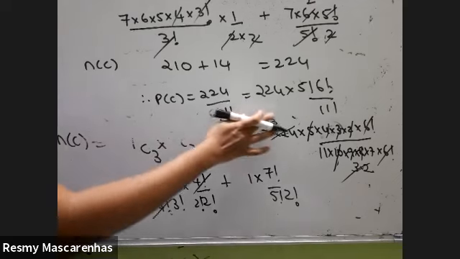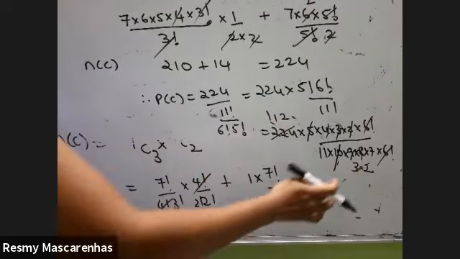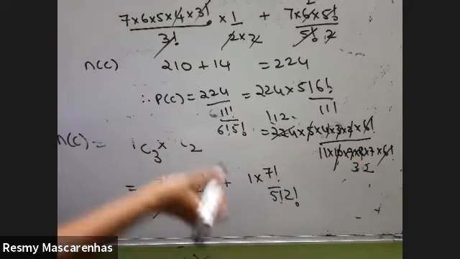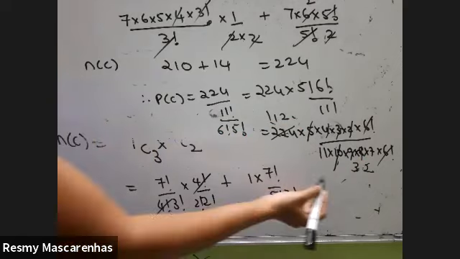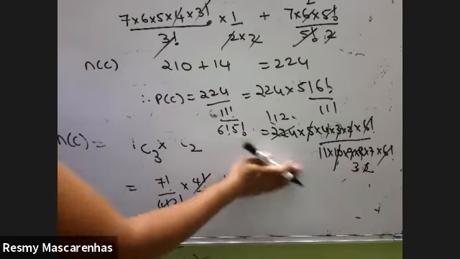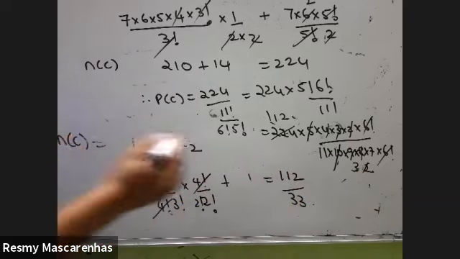No, it's not going in the 3 table. So 2, 1, 1, 2. So 112 upon 33.